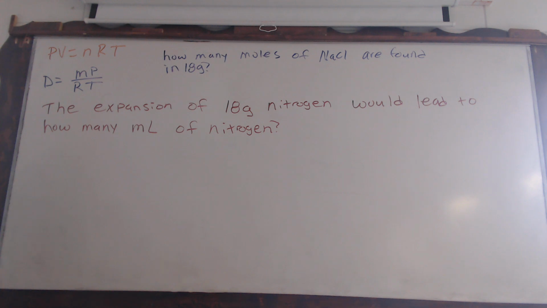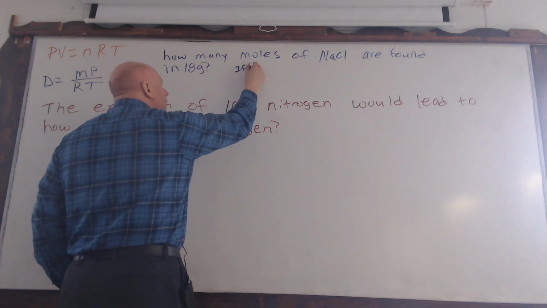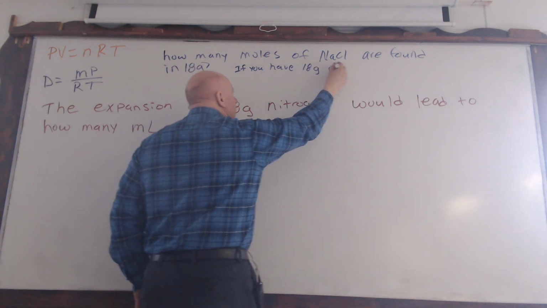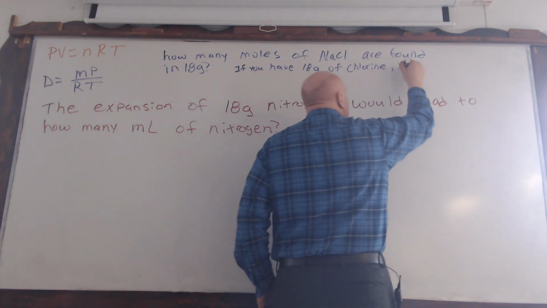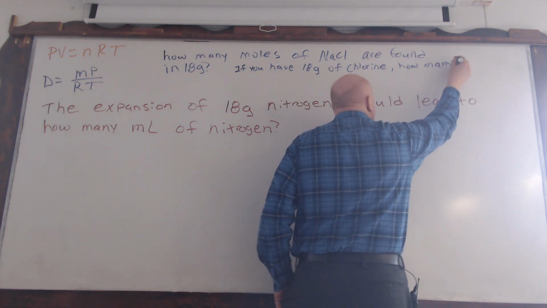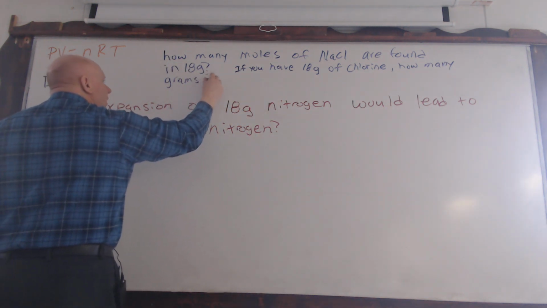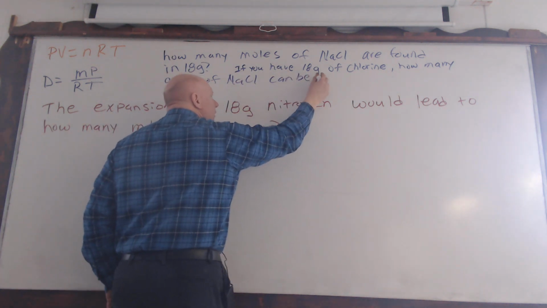Then, as the semester progressed, you moved on to reaction stoichiometry, which we wrapped up in the month of January, which might have said something similar to this: if you have 18 grams of chlorine, how many grams of sodium chloride can be formed?